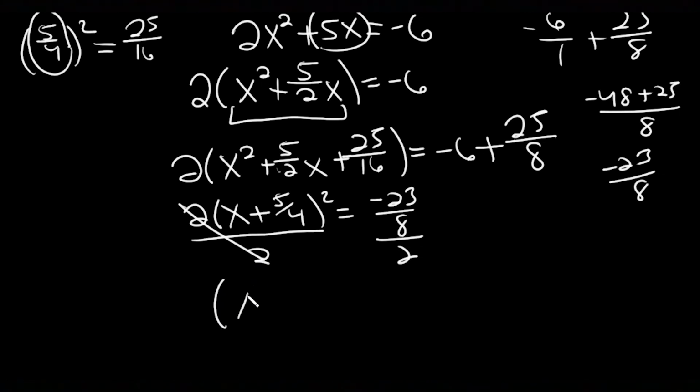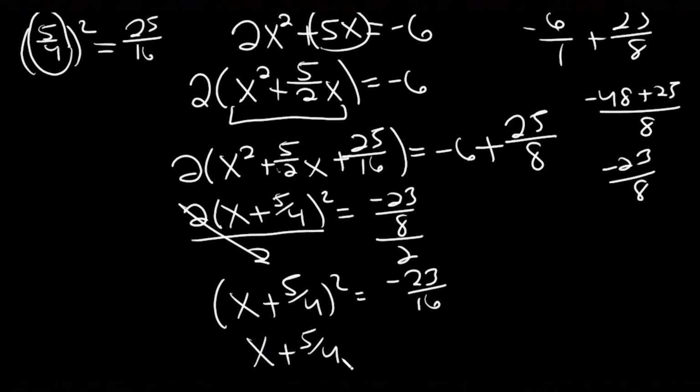So now I have x plus 5 over 4 squared equal to -23 all over 16. Okay, now we want to take the square root on both sides. So I get x plus 5 over 4 equal to plus or minus square root of -23 all over 16.